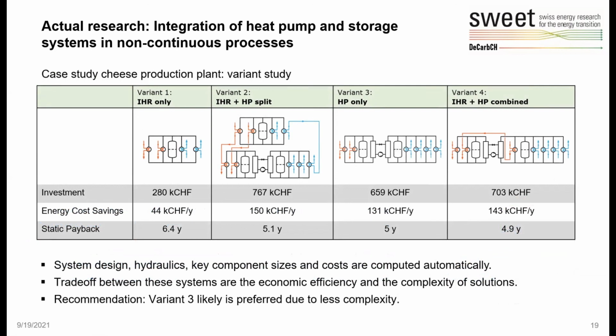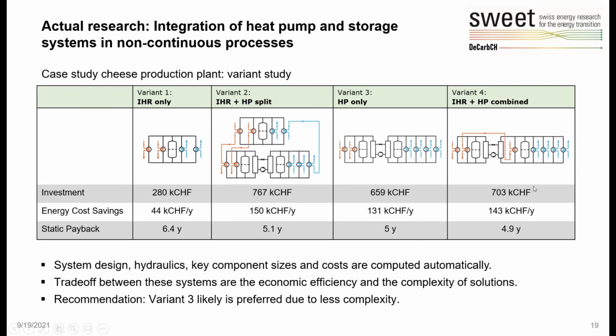This approach supports the engineer in making a decision of which design to include for further investigation and which to exclude. In this case, variant number 3 here, using only a heat pump design, is shown to be the most promising, primarily through the fact that the economic parameters and the savings are substantial, but the design using good engineering judgment is shown to be less complicated.